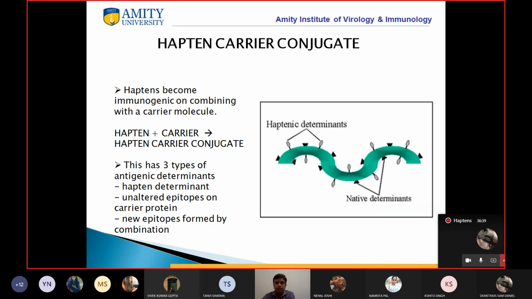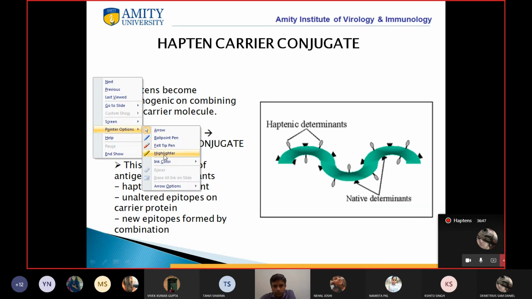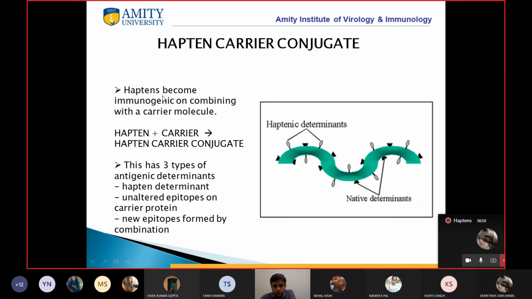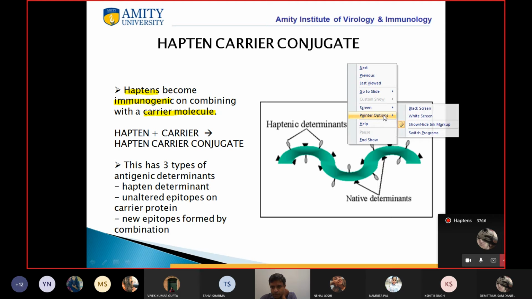Now, a hapten becomes immunogenic on combining with a carrier molecule. So a hapten is not immunogenic, but we can make it immunogenic by combining it with a carrier molecule. Let me explain it.